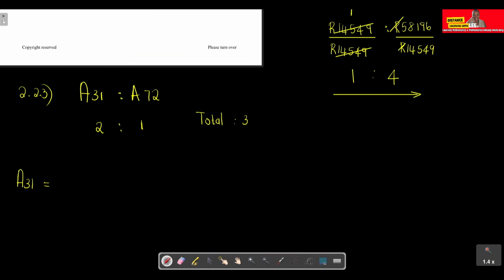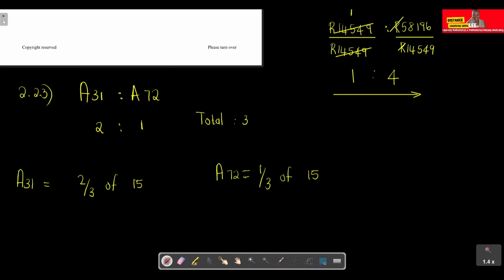So we want to determine what is 2/3 of 15 to find how many A31 phones he bought. To determine the number of A72 phones he bought, we want to determine what is 1 out of 3 of that 15 cell phones that he bought, right?